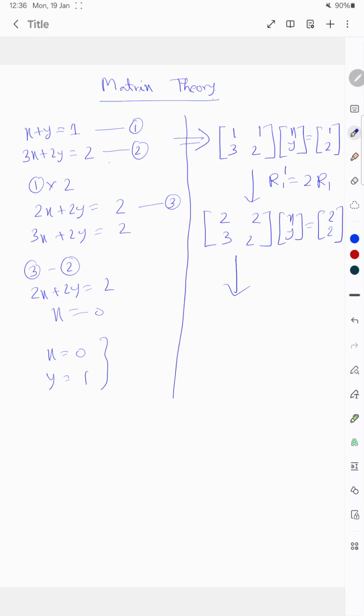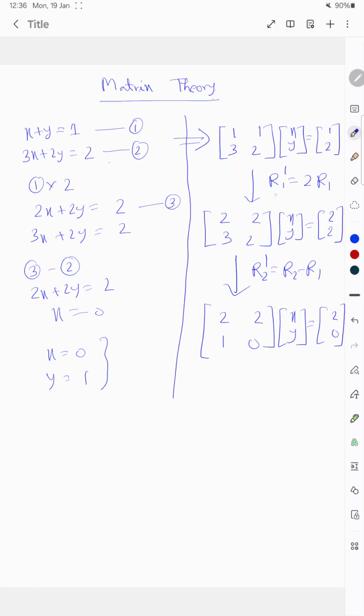After that you can think 3 minus 2, so basically r2 dash, you are doing r2 minus r1, right? So whatever you are doing, you have to do the same thing on the right also. Okay, so if you do in this way, you see 1 0, x y equal to 2 and 0.